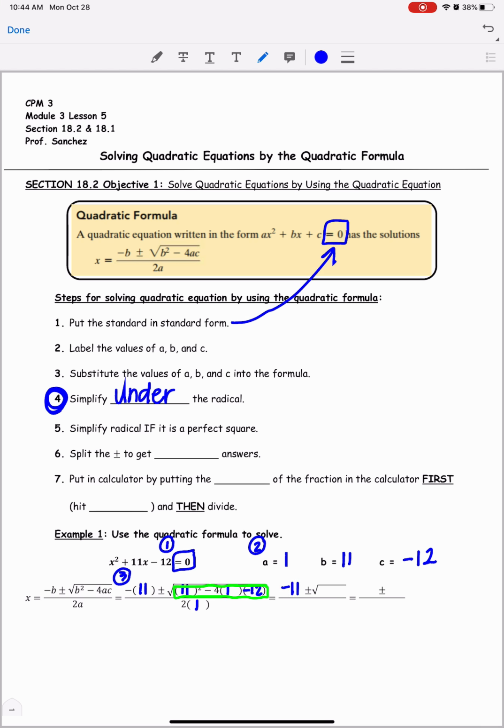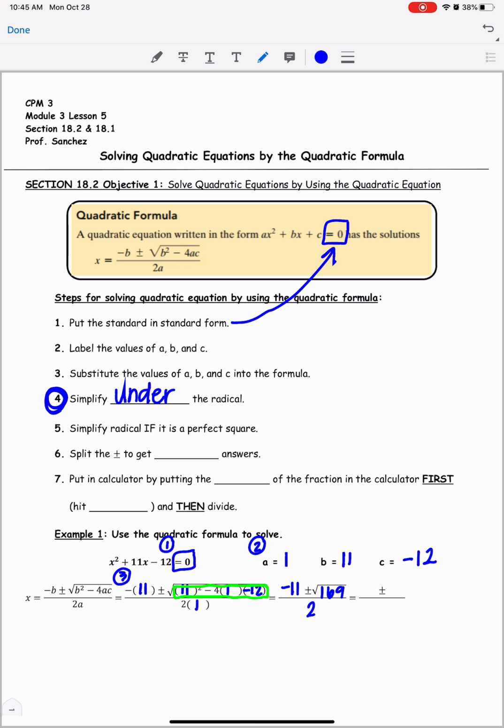When you put in your calculator, not the square root, right? Just 11 squared minus 4 times 1 times negative 12. You should get 169. Okay, not including that radical, just 11 squared minus 4 times 1 times negative 12. And this is all over 2 times 1. Well, 2 times 1 is just 2.